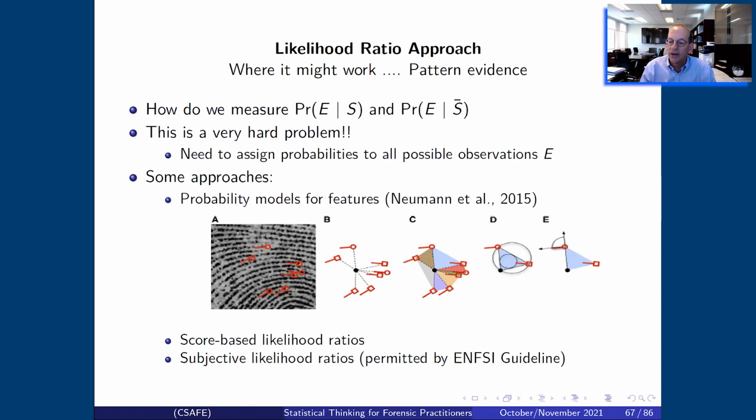So what I wanted to do is tell you how people who are thinking about it are thinking about it. One example, Cedric Neumann, latent print researcher, over the years has done a variety of things. The picture here comes from his 2015 paper, where he identifies minutiae. In this picture, there are 7 minutiae.